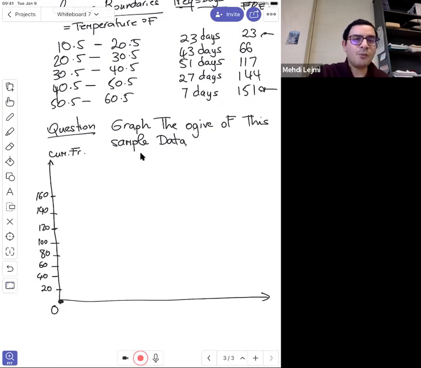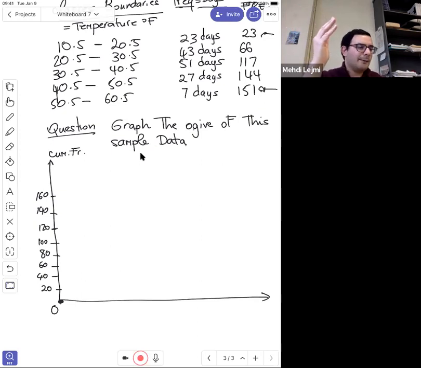So in the homework or in the test, guys, when you graph your ogive and you need to plot your cumulative frequencies, as I said, the units don't have to be exactly the same. So you can just first check what your highest number will be. For example, here it's 160, right?